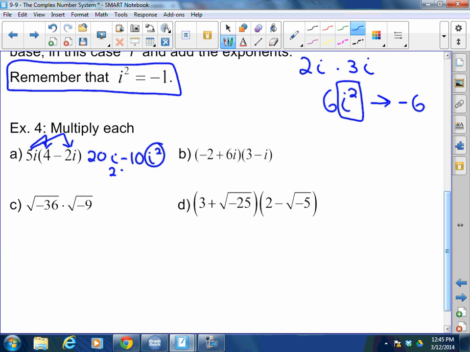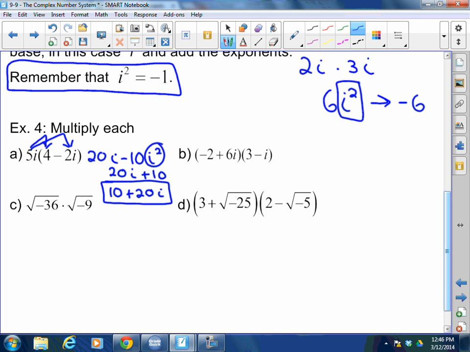So this is 20i plus 10. Remember, please, to write it in standard form. So this is 10 plus 20i. Usually, guys, you can factor, but usually they do not ask you to factor, because that is your complex number. Done. For B, wait, I saw a face there. Are we good? Okay, thank you, sir.